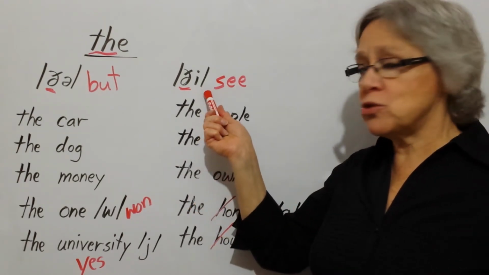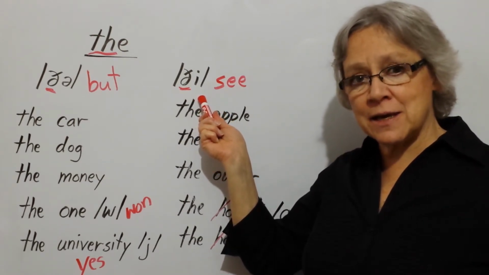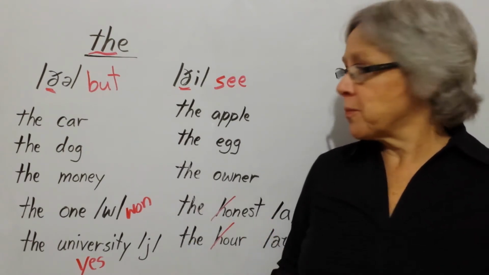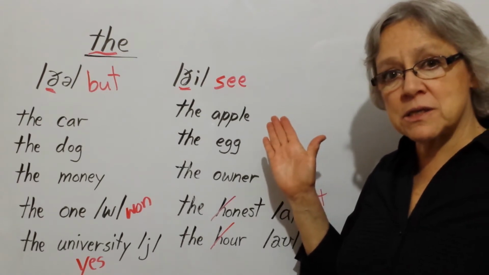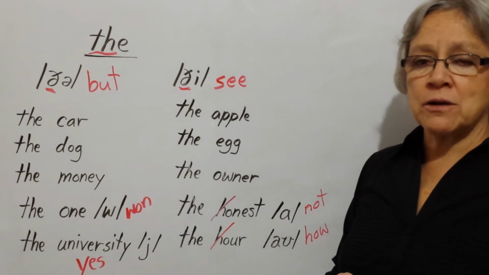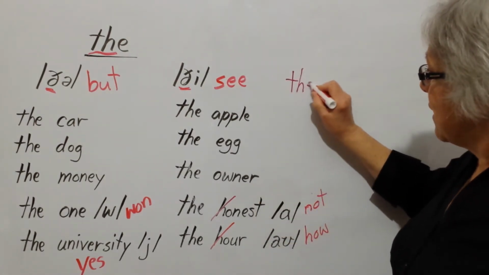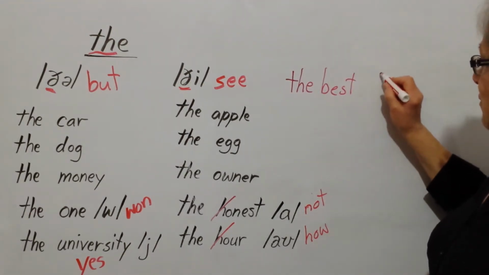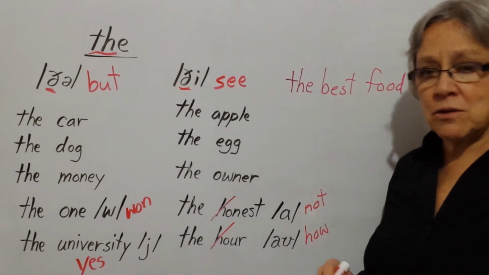We also use, another part of the rule though, we also use this pronunciation, the, if we want to stress an idea. So, regardless of what the following word starts with, whether it's a consonant sound or a vowel sound, we could use the if we want to stress what we're saying. So I could tell you that that is maybe the best food I have ever eaten, okay?